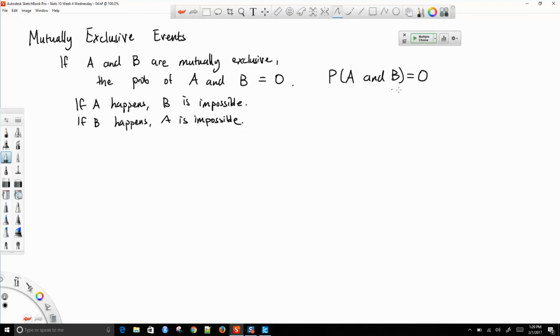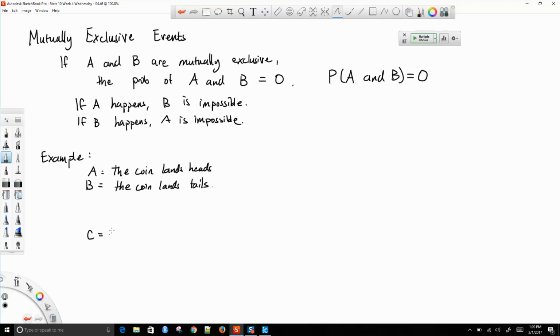So the probability of A and B is equal to 0. So an example of mutually exclusive events would be, A could be the coin lands heads, and B could be the coin lands tails. These two cannot happen together.